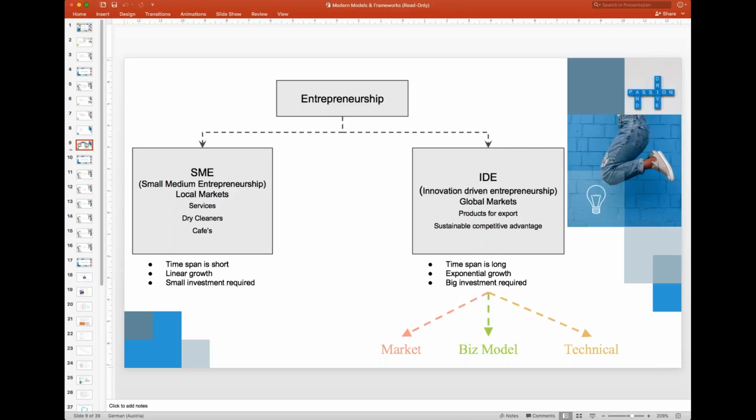And the first one is market innovation, where a good example is a company called Zipcar.